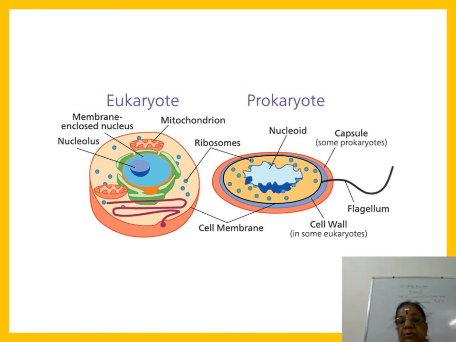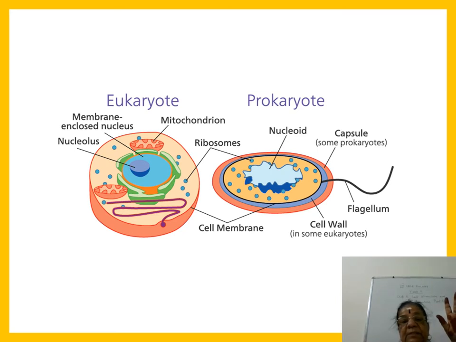Pro means before the discovery of the nucleus, karyote referring to the nucleus. In the same way, eukaryote: eu means true, karyote referring to the nucleus. So cells with a true nucleus, a well-defined nucleus, are called eukaryotic cells, and cells with the presence of only genetic material are known as prokaryotic cells.